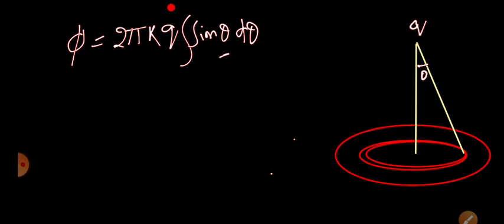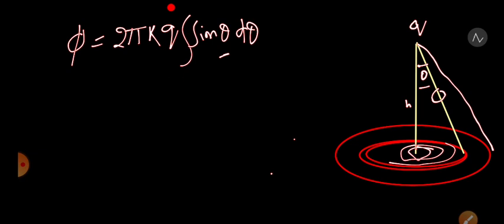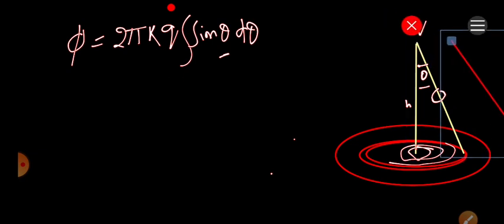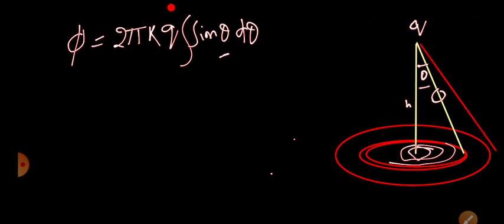The variable is our theta. This theta is the angle made by this line with this h height line, this axial line. So I will keep on taking different rings. Then this theta will keep on increasing, and when I take the final ring, the final line will be like this. This angle I will call theta max.